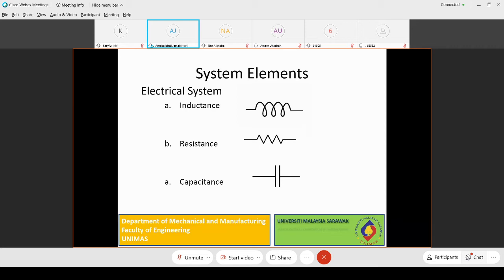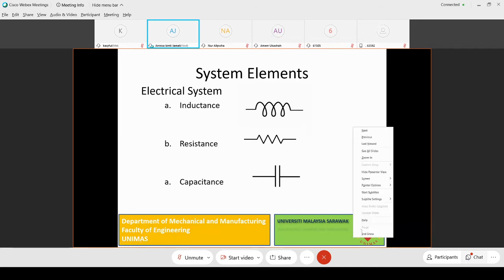There are three main elements: the first one is inductance, the second one is resistance, and the third one is capacitance.